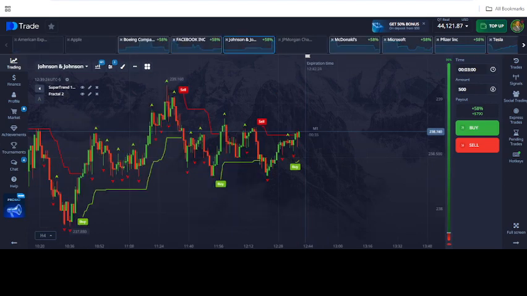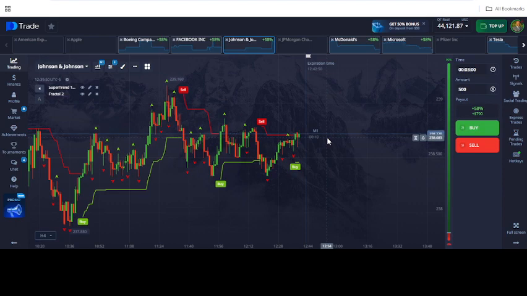I'm on Johnson and Johnson stock right now, and I'm waiting for this candle to close above this red line before I take the trade. This current green candle here, we have about 14 seconds left.